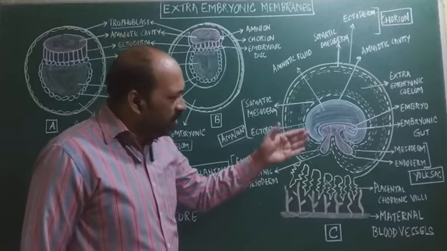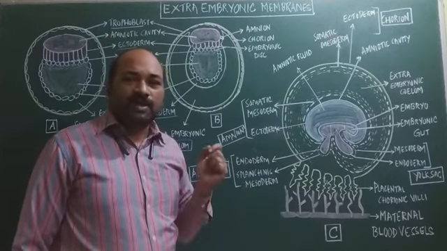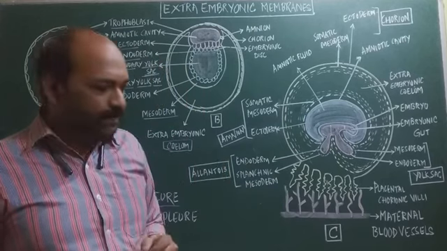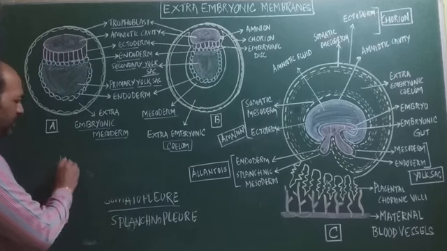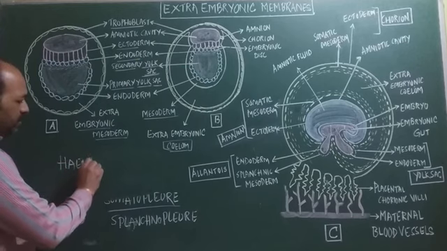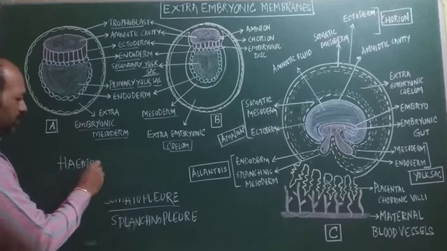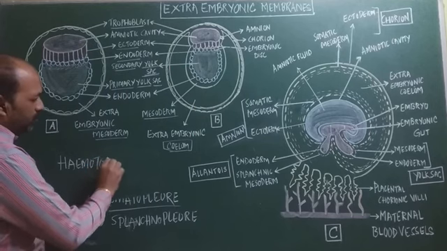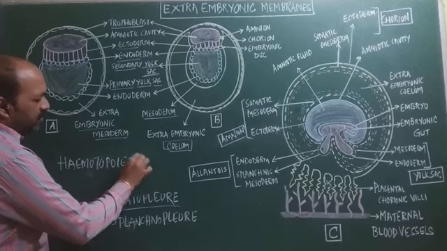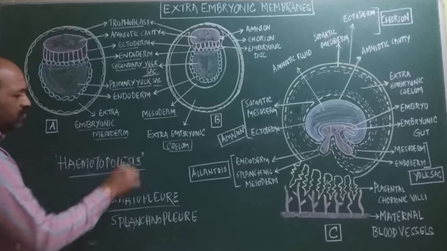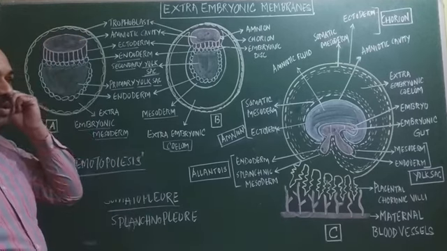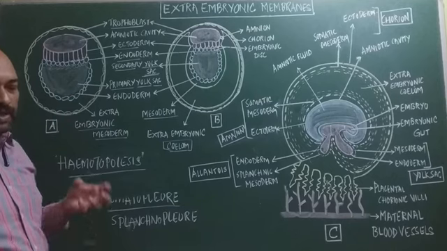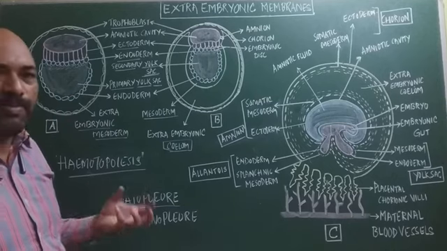Then, if it is vestigial, what is the use of this yolk sac? Yolk sac in human beings is involved in a process called hematopoiesis, where hematopoiesis refers to formation of the blood, and yolk sac is also involved in erythropoiesis, that is formation of the blood cells.